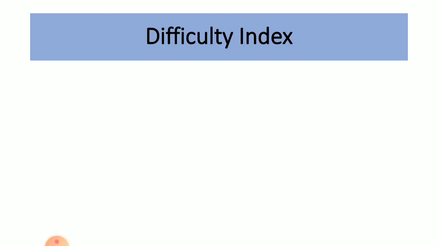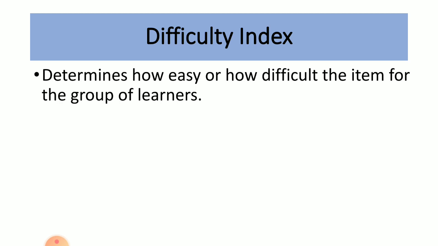First, let us talk about the difficulty index. The difficulty index is a gauge that determines how easy or how difficult the item is for the group of learners. So it provides information on the number of students who got the correct and wrong answers in each item.